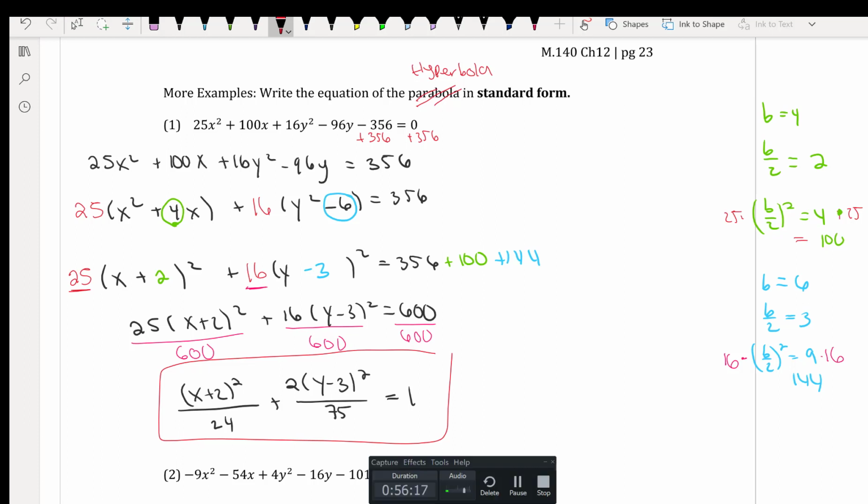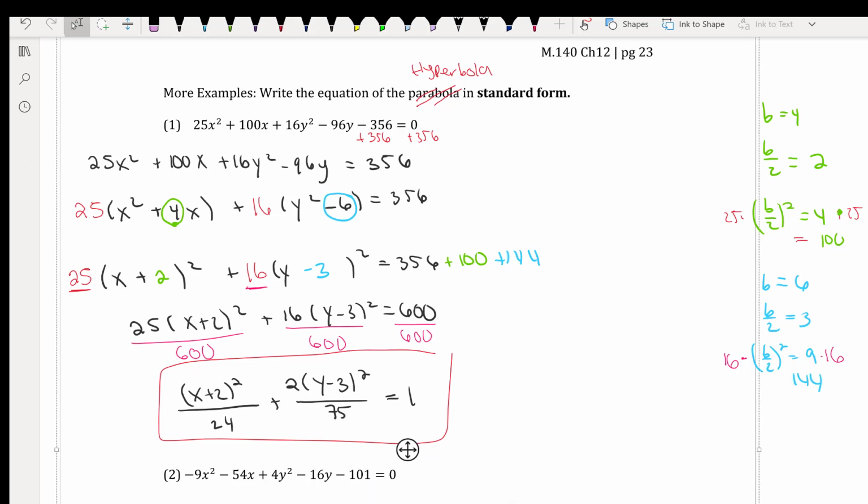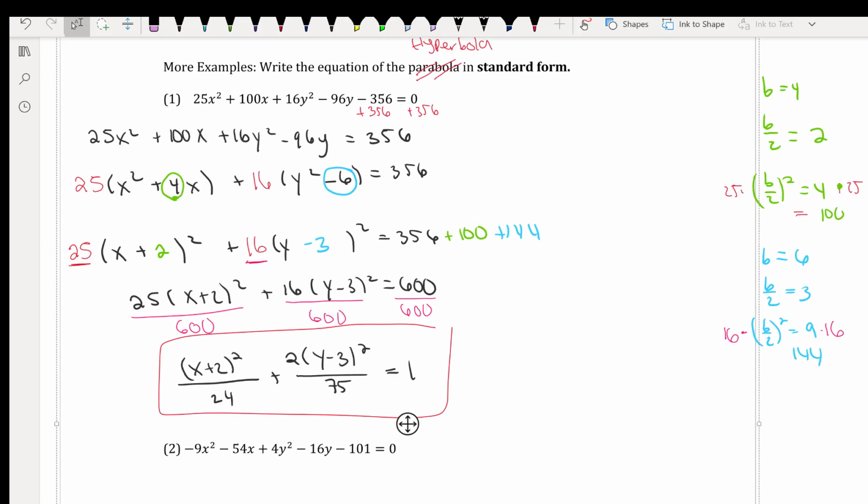Let's think about that for a minute. So that one wasn't the best example, but you guys kind of get the gist of it at least. So this is actually an ellipse. I'm wondering if there was a typo in one of my original equations, but I'll worry about that later. Sorry guys if that was a little bit confusing.